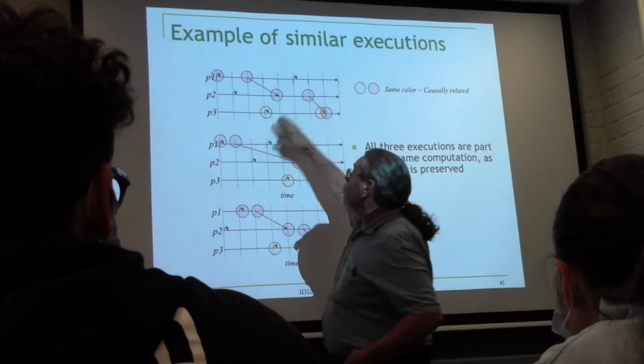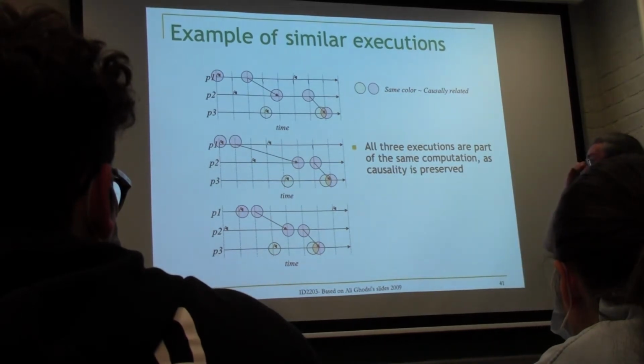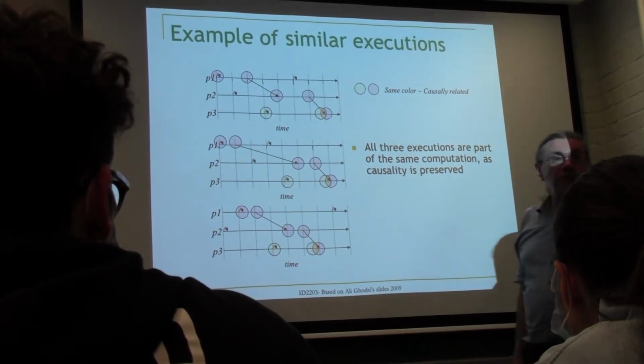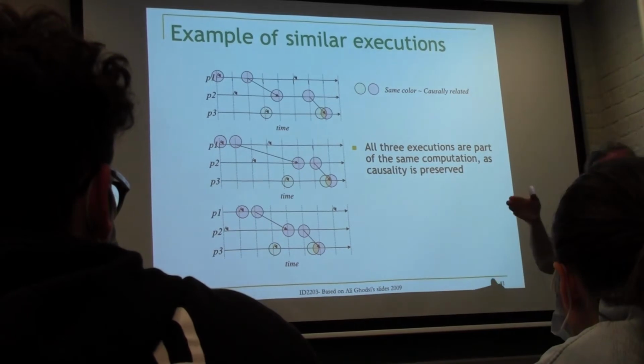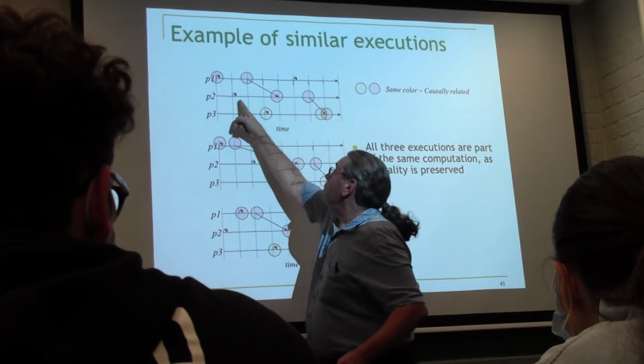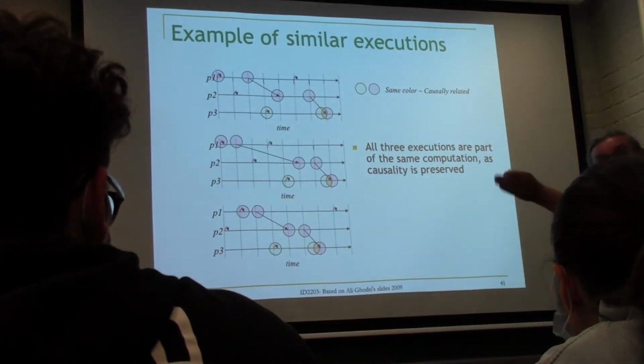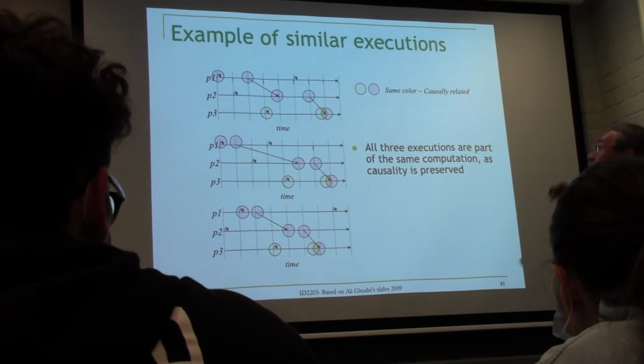Now, you notice that we have 3 different executions here. An execution is a sequence of configurations with their events in time. So the first one, the second, the third. It's like a concurrent system. You have these events and you have these transitions, the configurations.